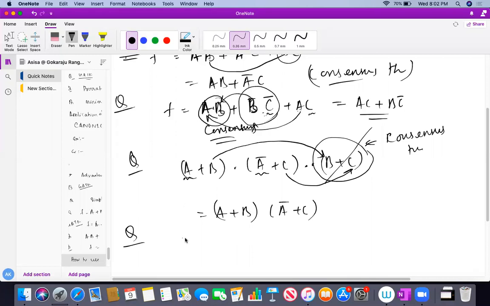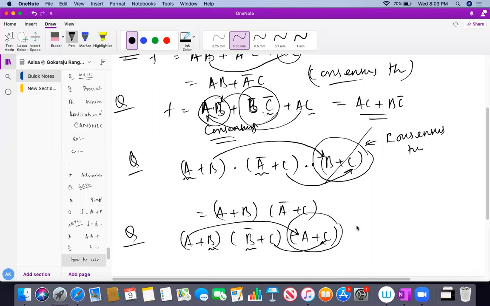So next question. So a variety of questions I am doing. So see here, A or B, B bar or C, A or C. So what do you understand from this? These two terms here, B and B bar, are opposite to each other. A is present here and C is also present here. So this term is now the consensus term. So what is the answer?